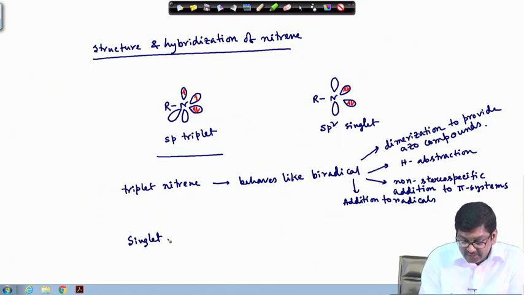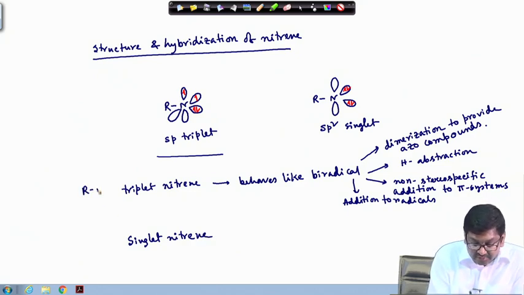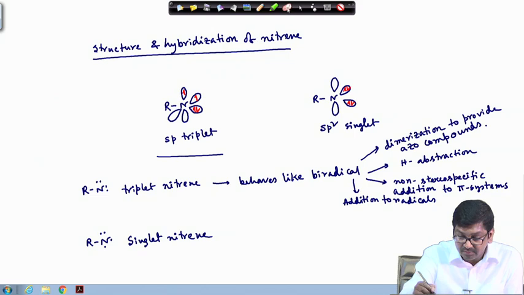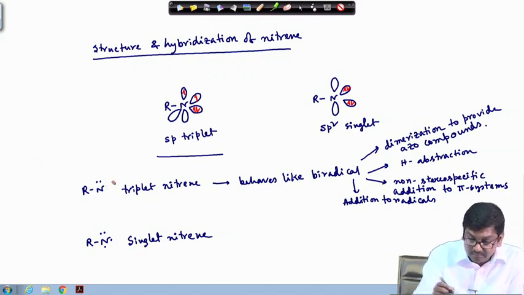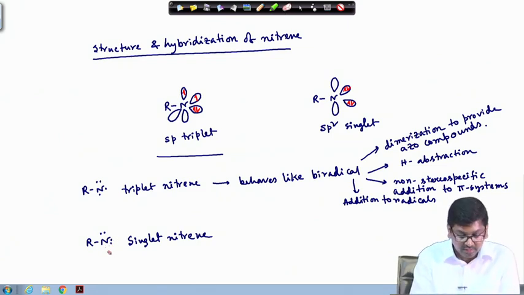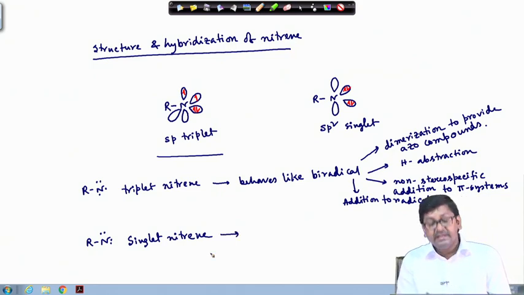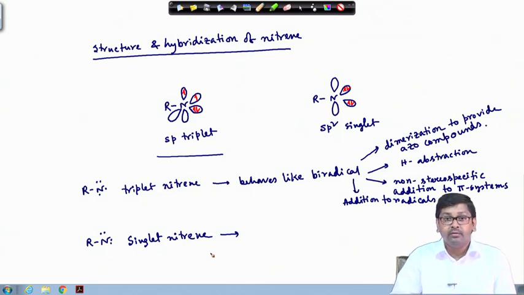If we take singlet nitrene, like singlet carbene, singlet nitrene also behaves in a similar way.